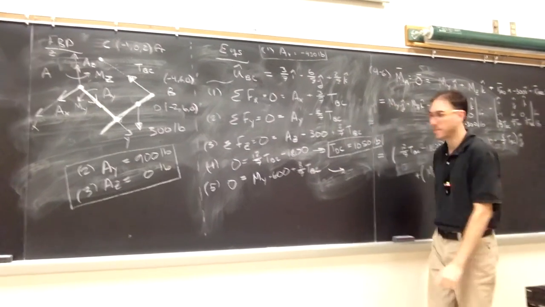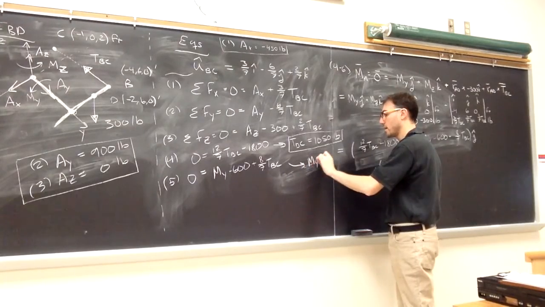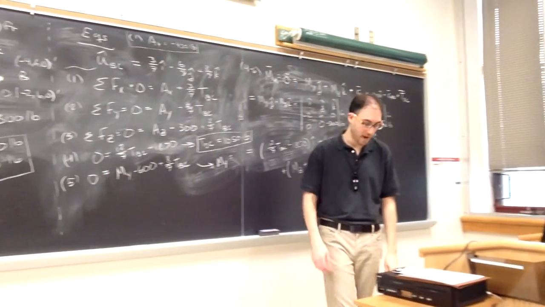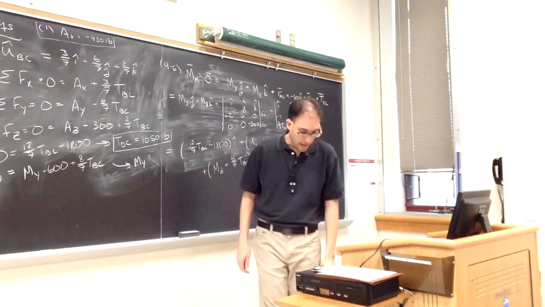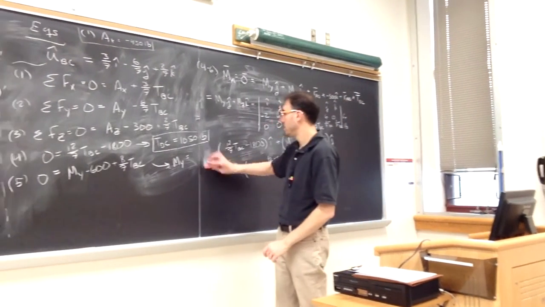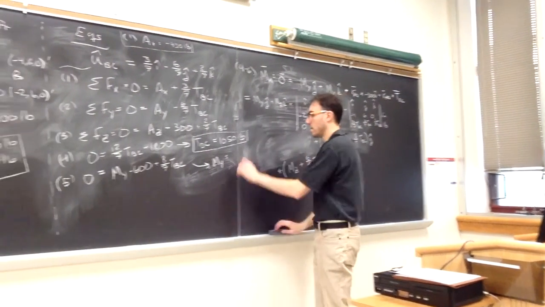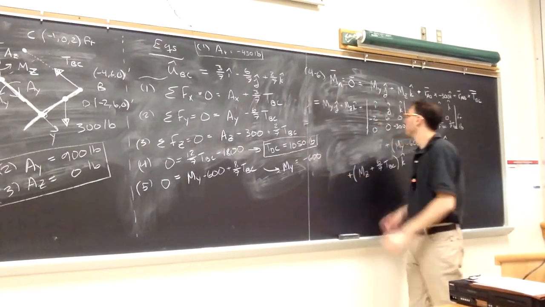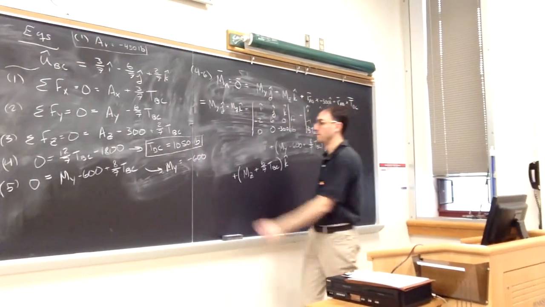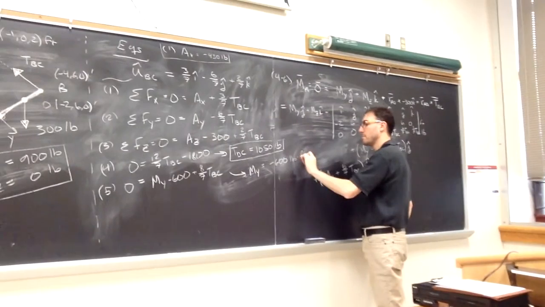Because I know TBC, I can find my MY from equation number 5. My is negative 600, and this is foot times pounds, so pound feet.